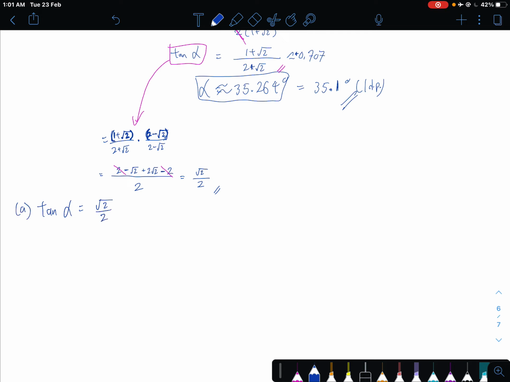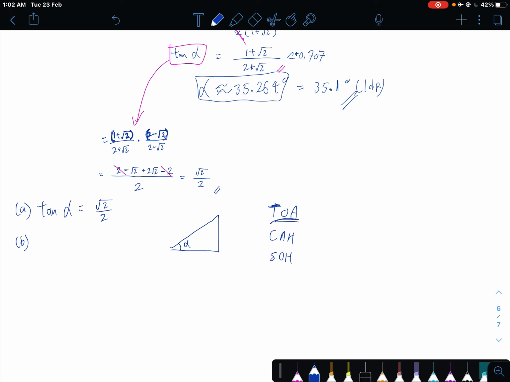What this means for part B is that because we know that alpha is acute, we can literally draw a right angle triangle with an acute angle alpha. And we say tangent of alpha, remember TOA, in America they call it SOH CAH TOA, but anyway, we call it TOA.